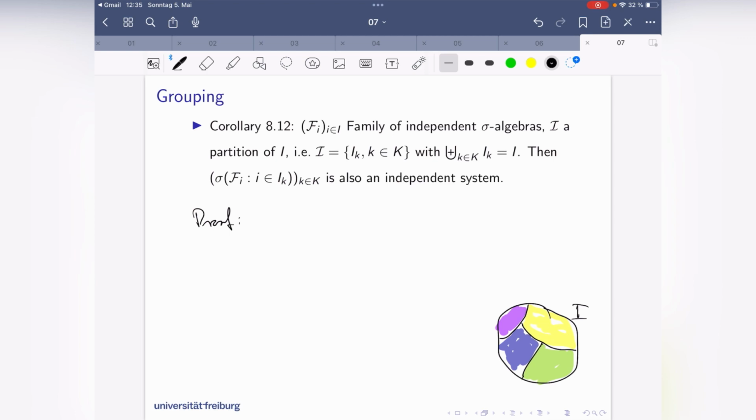Oh yes, so the proof. Again, we use this result. We have to define some C_k, and then we will have that the sigma algebra generated by the C_k is also independent. So what is C_k? That's an intersection of A_i for i an element of some J_k, where J_k is a finite subset of I_k, and A_i is in F_i.